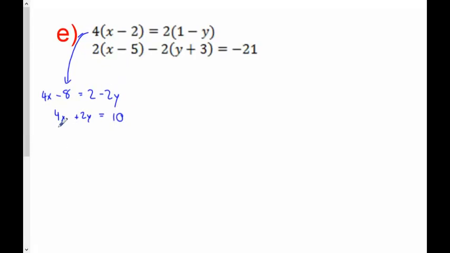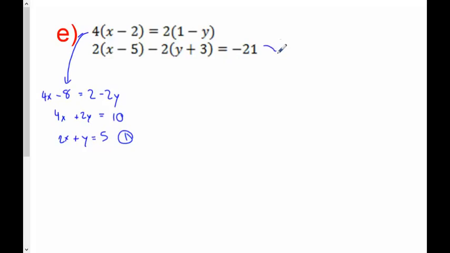Now, if I have 4x plus 2y equals 10, all 3 of those are terms that are divisible by 2. Right, so I can simplify this a little further and just divide everything here by 2. That's just going to give me 2x plus y equals 5. Okay, let's call that equation 1.